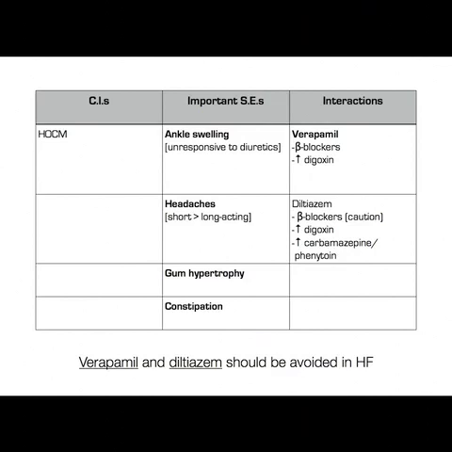Important particularly for the exams, CCBs are one of the drugs, together with cyclosporin and phenytoin, that cause gum hypertrophy. The interaction between the non-DHPs and beta blockers has already been noted, but do not forget that these drugs also increase the effect of digoxin. Avoid their use additionally in heart failure.